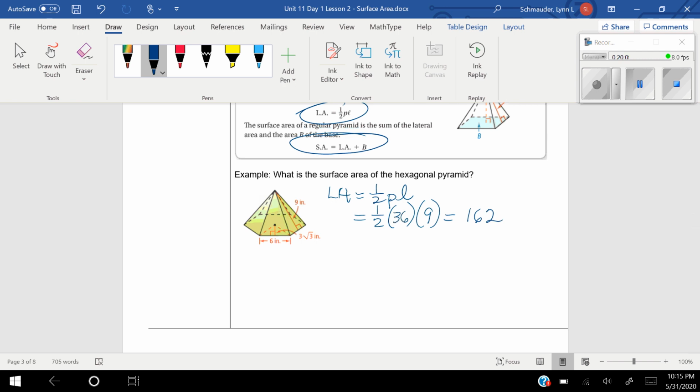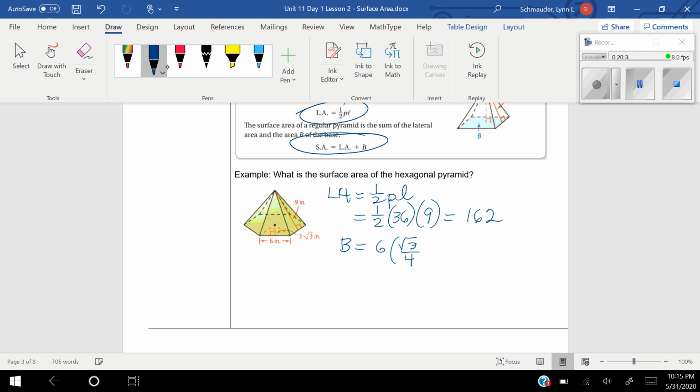Okay, now I need the area of the base. It's a regular hexagon, so remember it's got 6 equilateral triangles. So I'm going to use this favorite formula for finding the area of a regular hexagon.